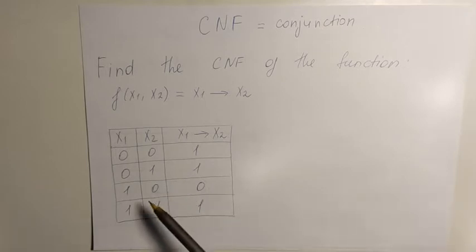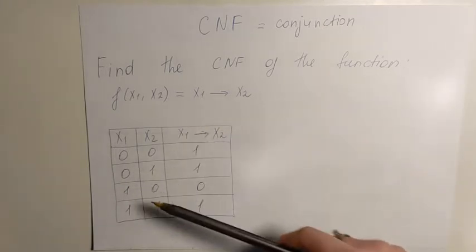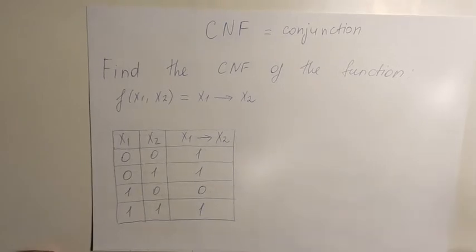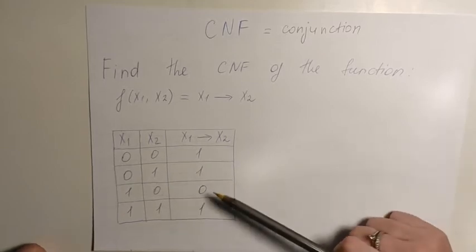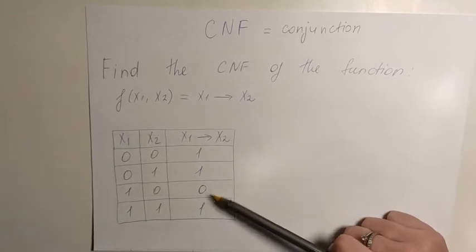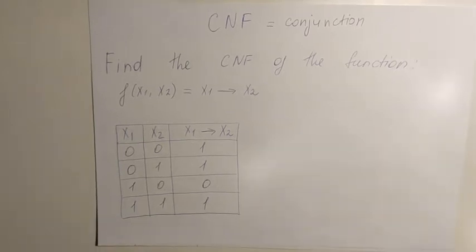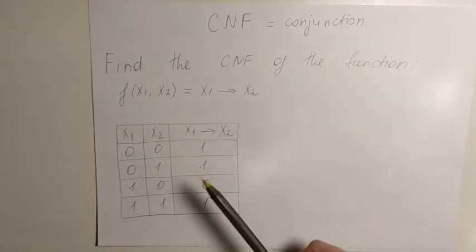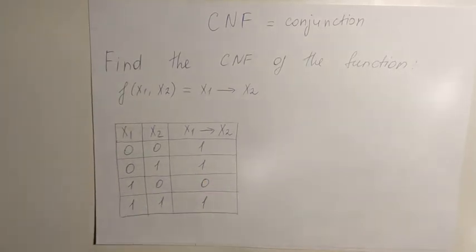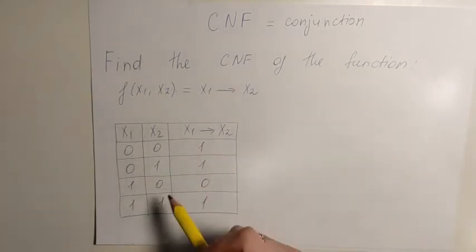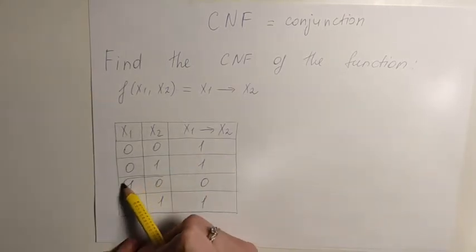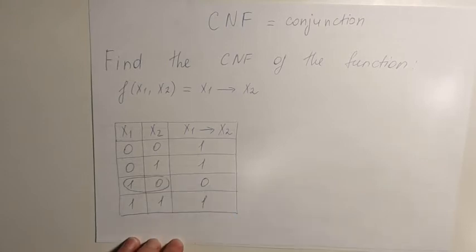So, in order to construct the CNF of this function, we should choose the ordered pair for which the result is equal to 0. The ordered pair in which the result is 0 is 1, 0. So all we need is just this ordered pair, 1, 0, and the result is 0.